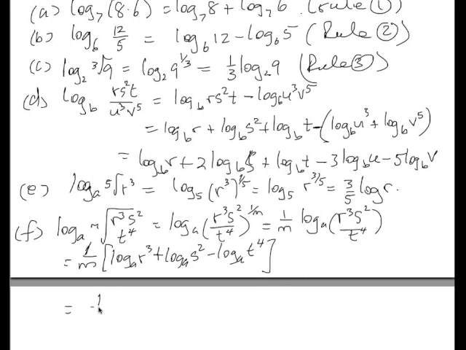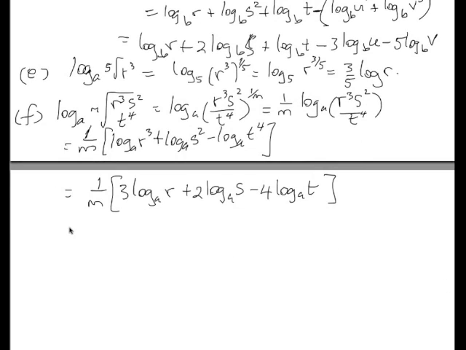Okay, so this is going to be now 1 over M times 3 log in base A of R plus 2 log in base A of S minus 4 log in base A of T. Okay, right, now if you want to write this out without the parentheses, you get 3 over M log in base A of R plus 2 over M log in base A of S minus 4 over M log in base A of T. And that would be my result.